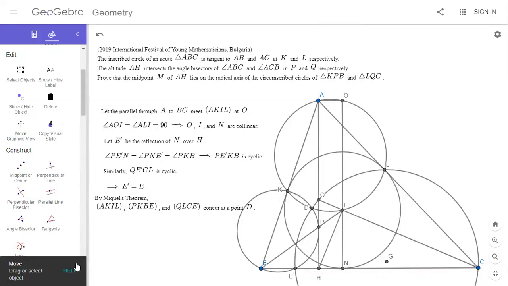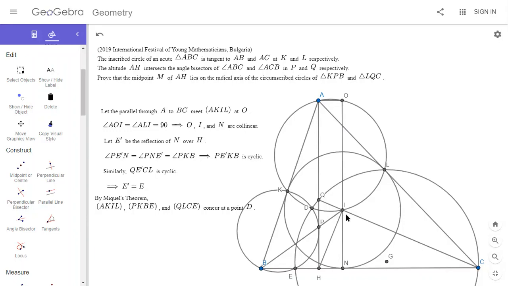So basically, we want to show O, D, and E are collinear. And then it's clear that that bisects AH. So how do we show O, D, and E are collinear? Probably an angle chase, right?